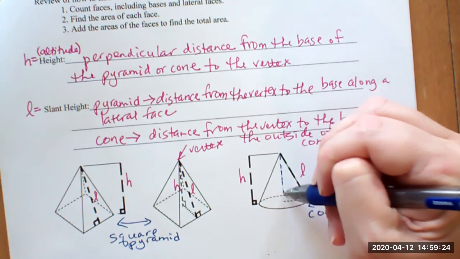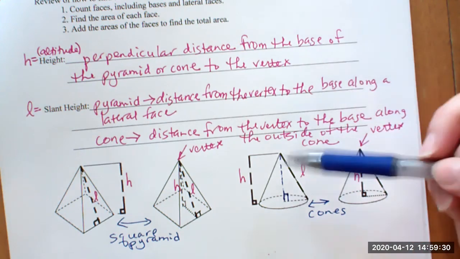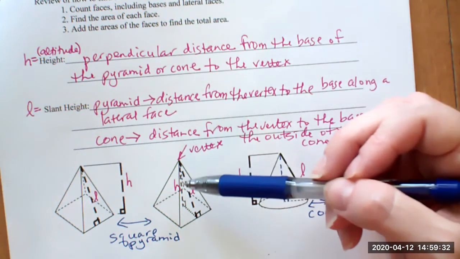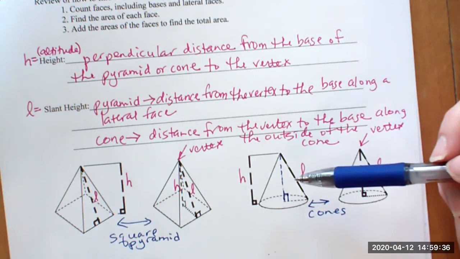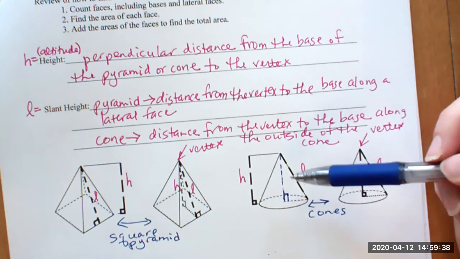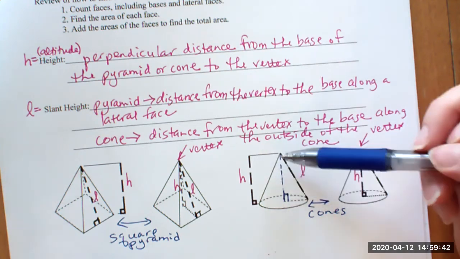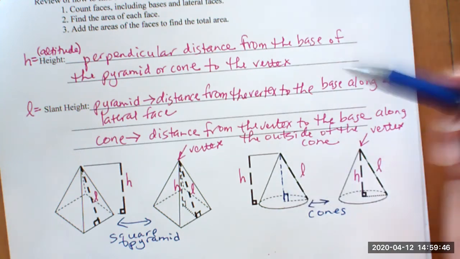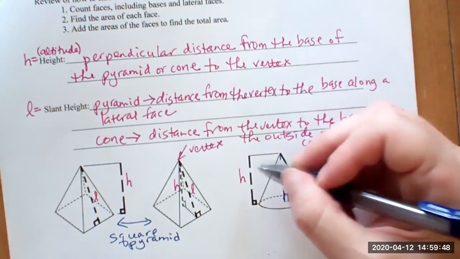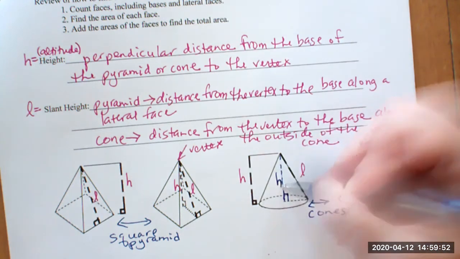So I could sketch that in here, and of course I would have a right angle here, because these are right cones and right pyramids. We could also have oblique, like we had with prisms, where we would not be at a right angle, we would be at some other angle, and the vertex would not be centered directly above the base. But in this case, these are right. So this height is the same as this height.